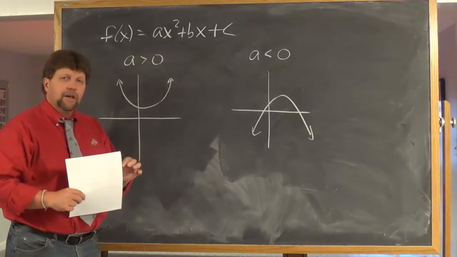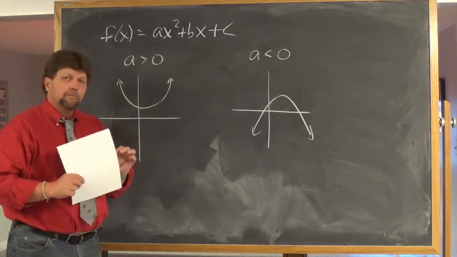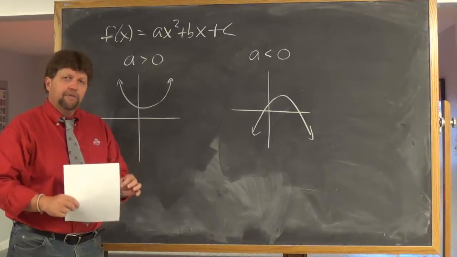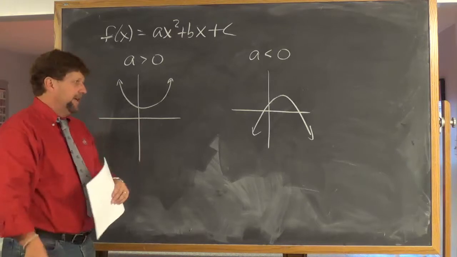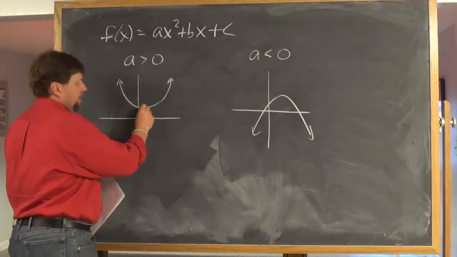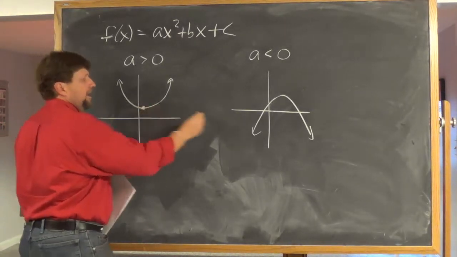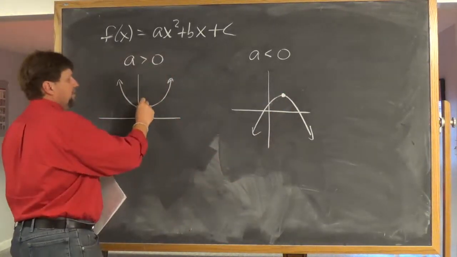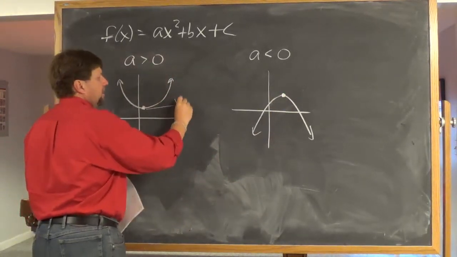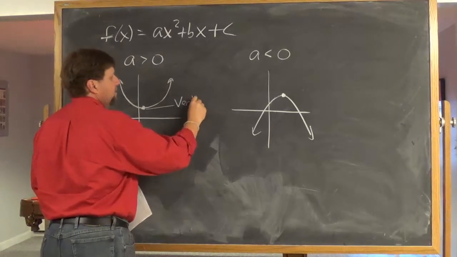You also need to know an important point on every parabola. Probably the most important point on any parabola here, and for a sad parabola it'd be here, is a point that's called the vertex.